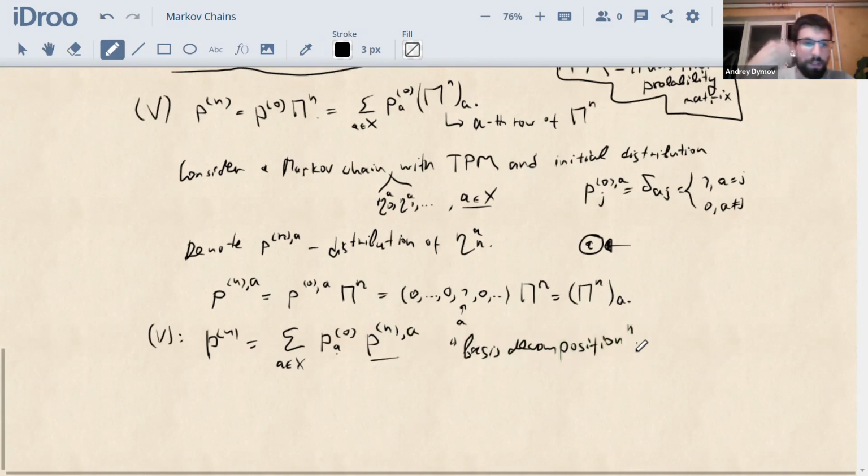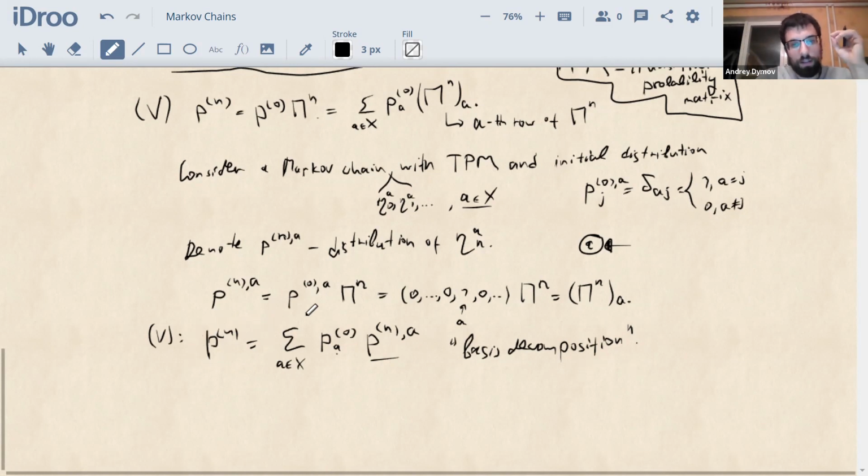Because I'm interested in the distribution of my Markov chain when the transition probabilities are fixed, but the initial condition is some arbitrary one. And I wish to understand how the Markov chain behaves, its distribution at the moment of time n. Then what can I do?